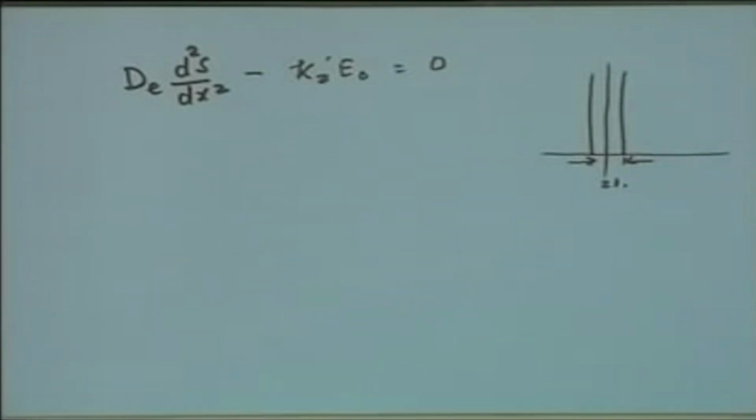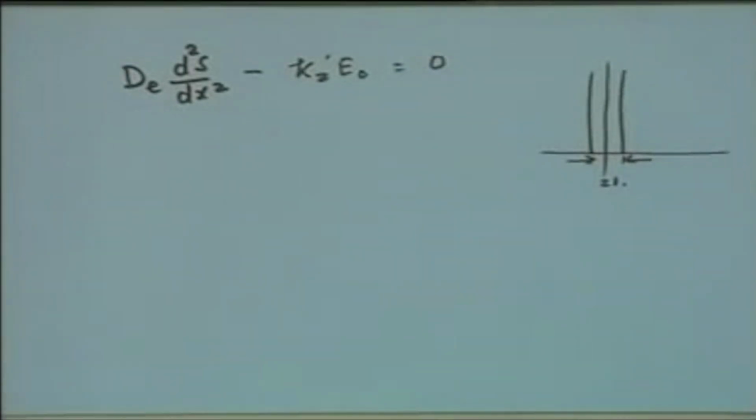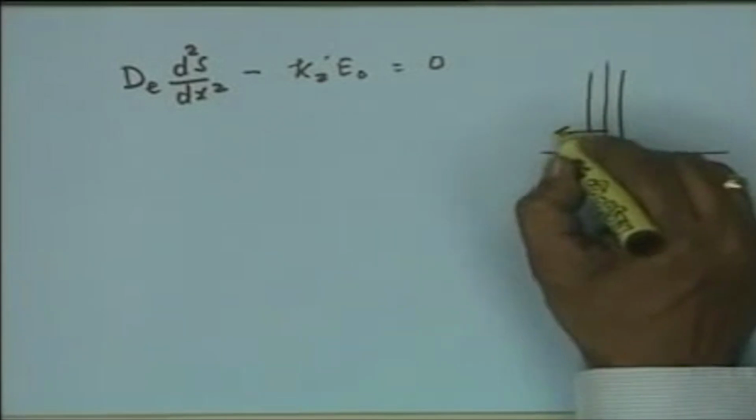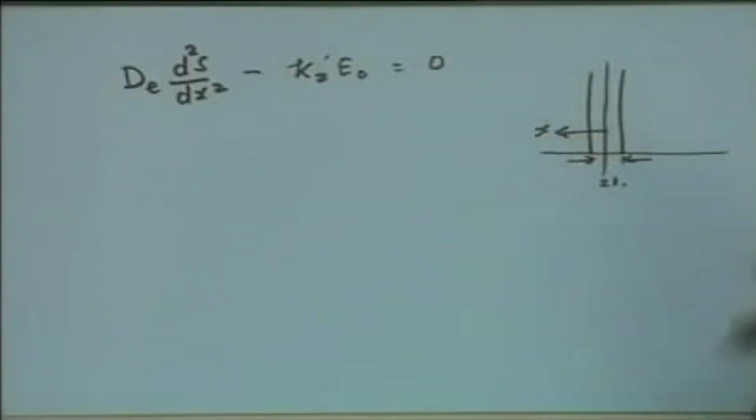I would like you to solve the equation to get the substrate concentration profile as a function of distance from the center. Let us say the distance x on either side, that means the distance of the surface from the center is x, on either side.